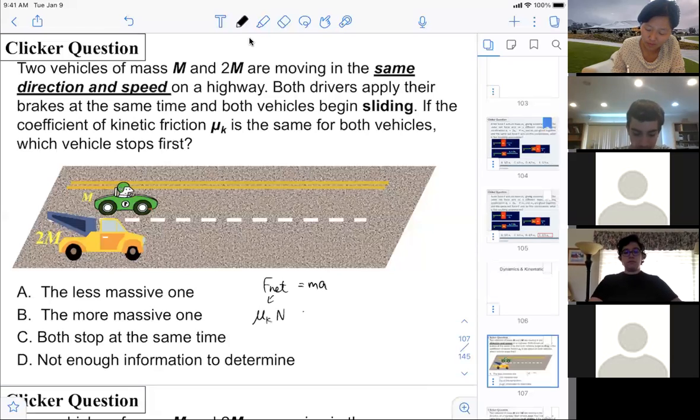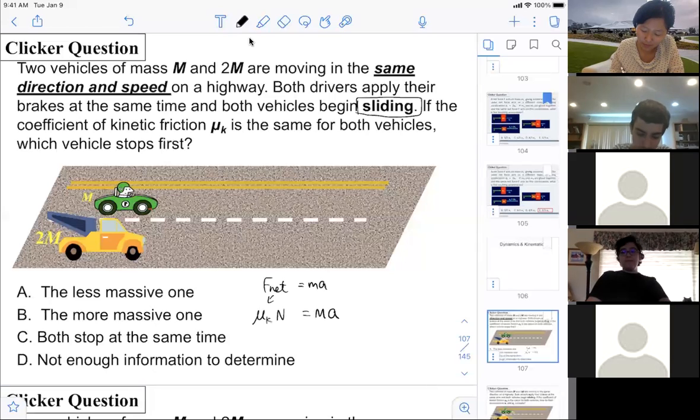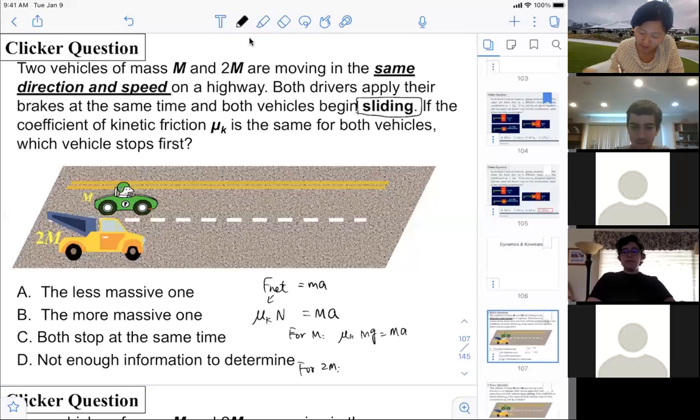And then I got 2 F of the smaller one is equal to the F of 2M. So if you set both equations to 0, they both reach 0 at the same level of acceleration when you plug it in, I think. So that's how I did it. I don't know if that's right though.